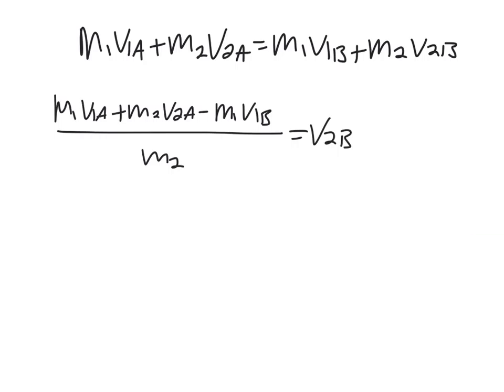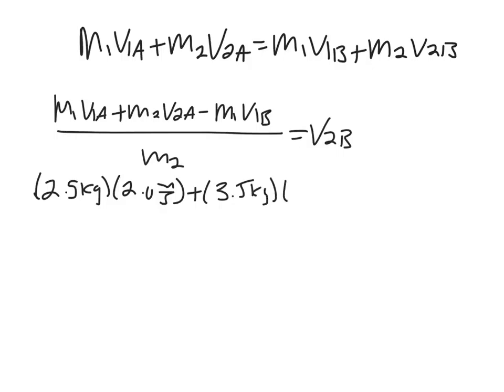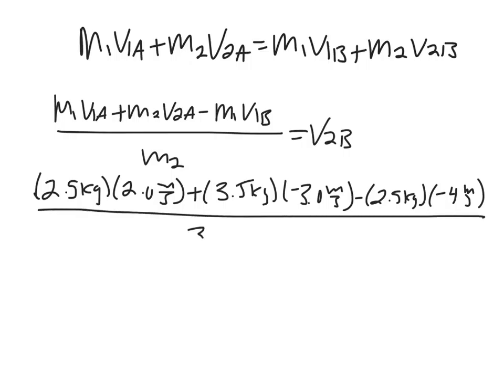And let's just put all the numbers in because we already have everything. So M1, 2.5 kilograms times V1A, 2 meters per second, plus M2, 3.5 kilograms, times V2A, negative 3 meters per second, minus 2.5 kilograms times negative 4 meters per second, all over 3.5 kilograms, equals V2B.